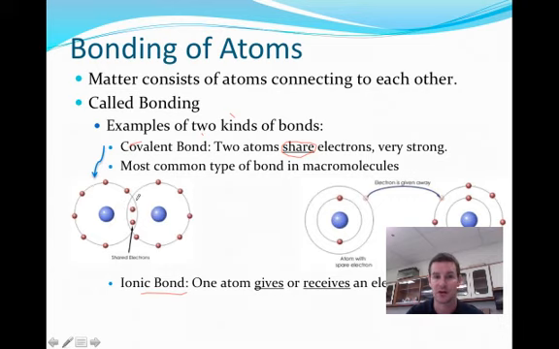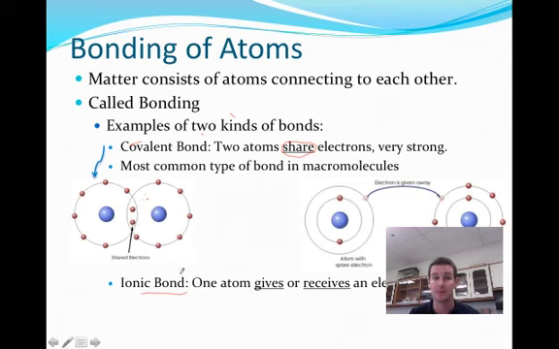The sharing of these two electrons right here will cause them to stick together. It's very simple. Just sharing electrons is a covalent bond. Now, it's important to note that the most common type of bond in macromolecules that cause them to stick together is going to be a covalent bond. That's why I introduce this, because it's important to understand how these molecules are being held together.